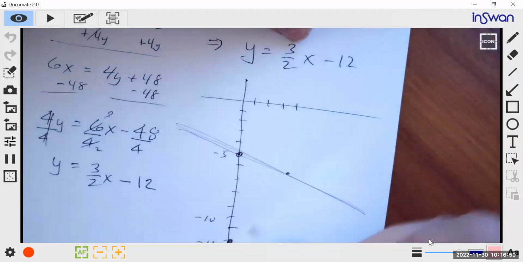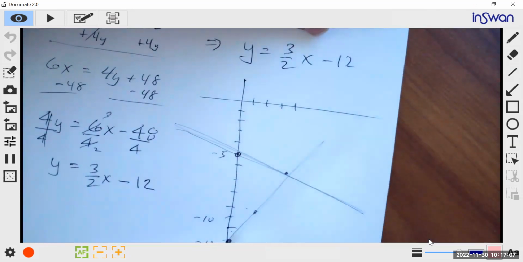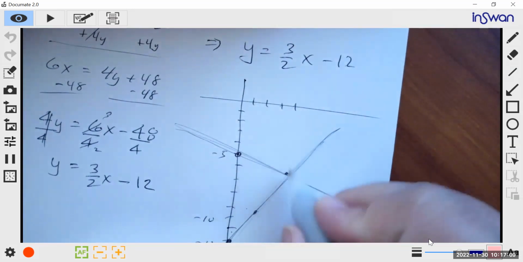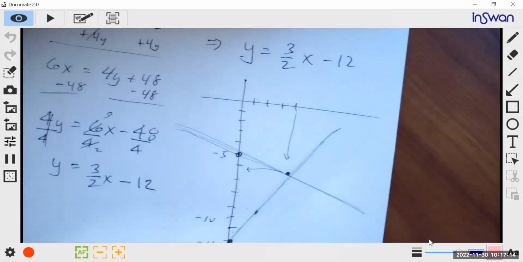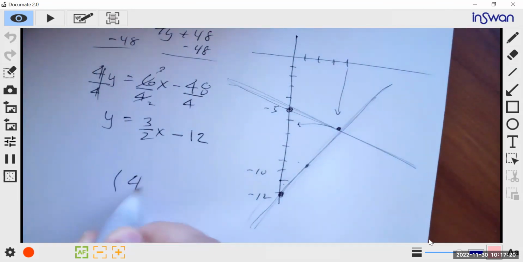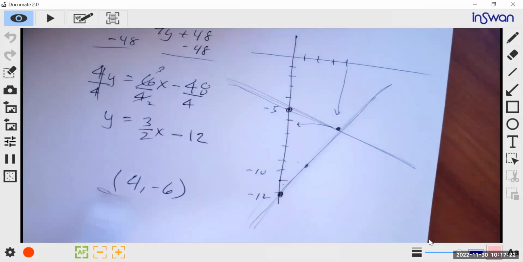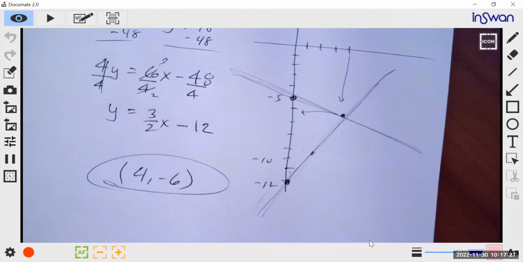And this one, up 3 over 2. So it looks pretty close. The point of intersection is at 4, -6, if my graph is correct. So just graph the two equations. Yep.